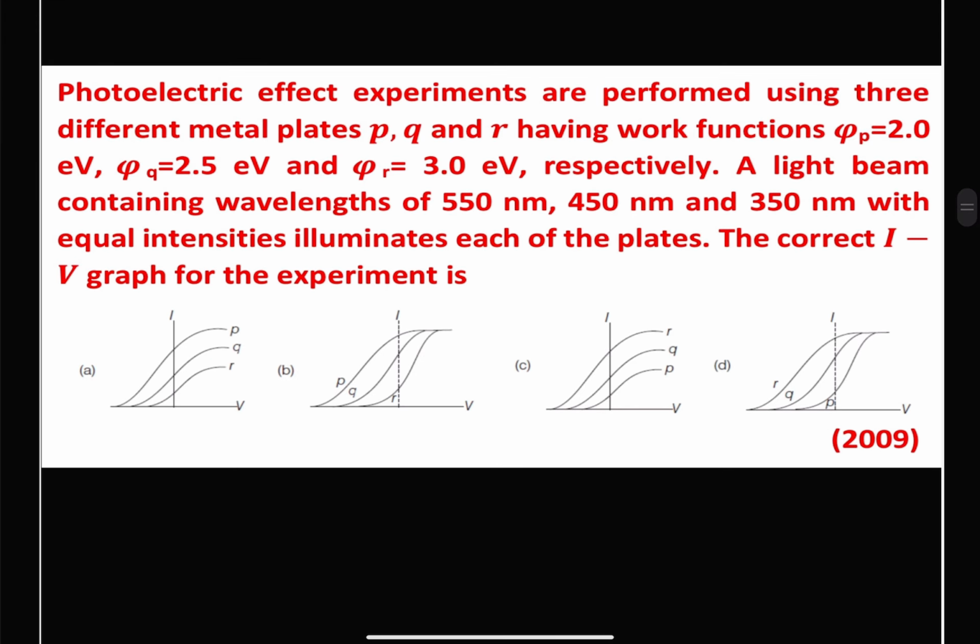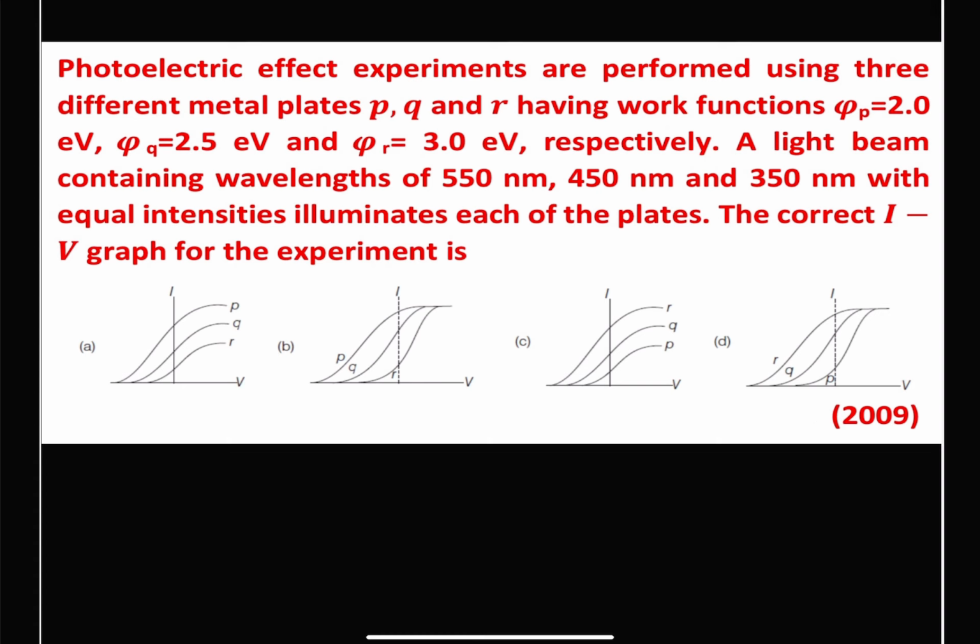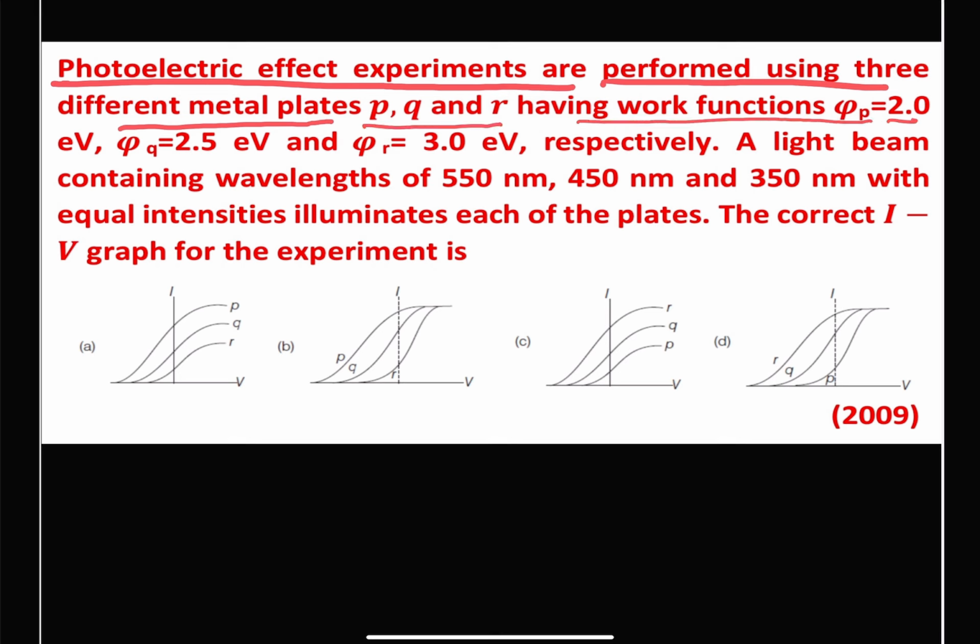It was asked in the year 2009, and it states that photoelectric effect experiments are performed using 3 different metal plates P, Q and R having work functions phi of P as 2, phi of Q as 2.5 and phi of R as 3 electron volt respectively.